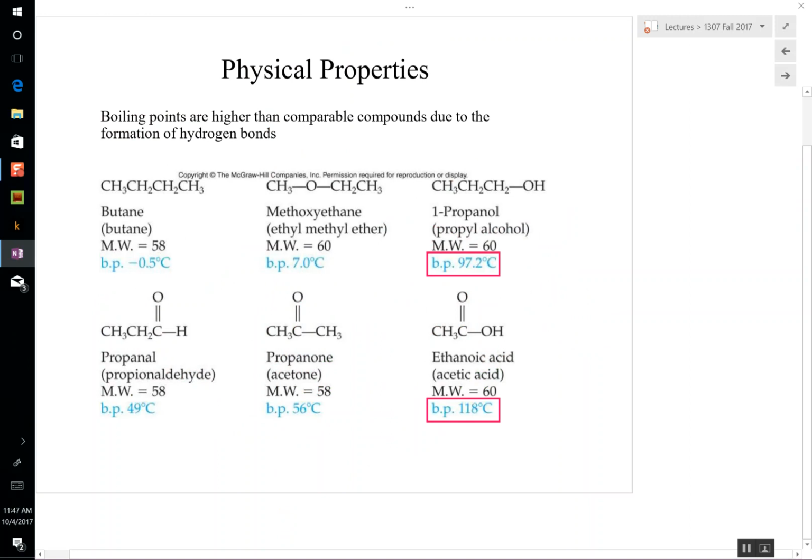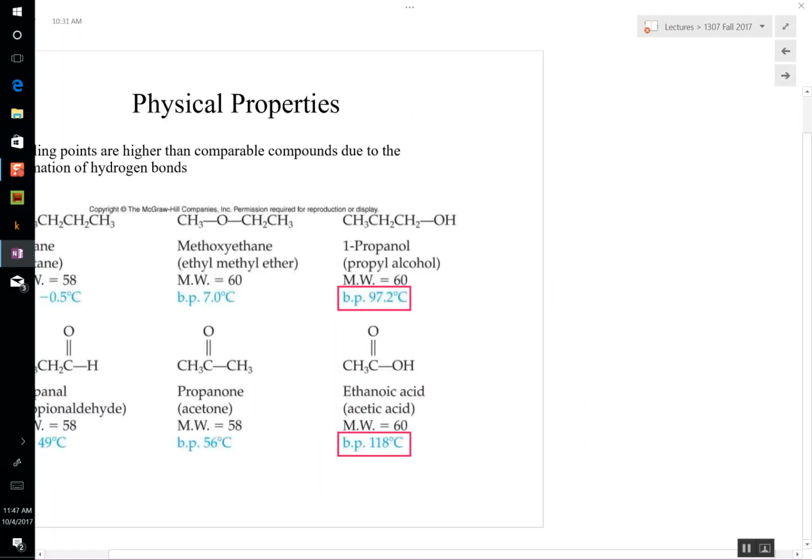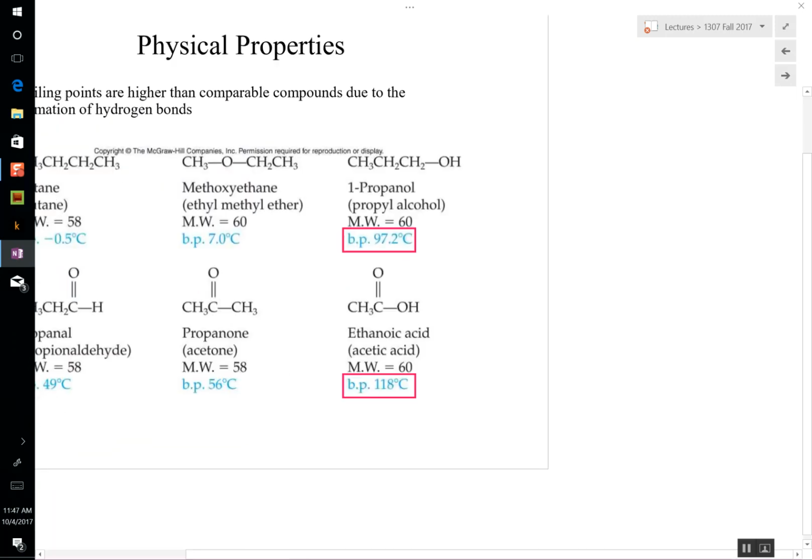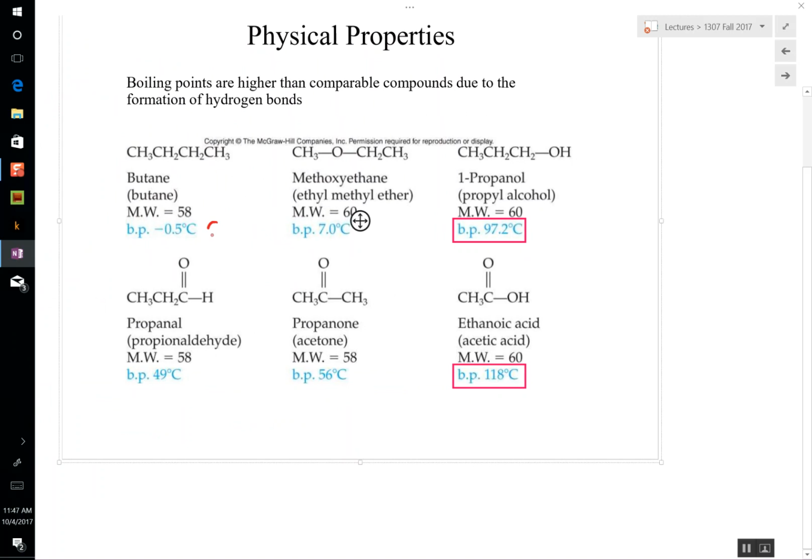So what do we have here? We've got the alkane. Again, I just like to round these off, so about 0 degrees centigrade, let's say 10. Here's our alcohol, around 100. Here is our aldehyde and ketone, approximately 50.